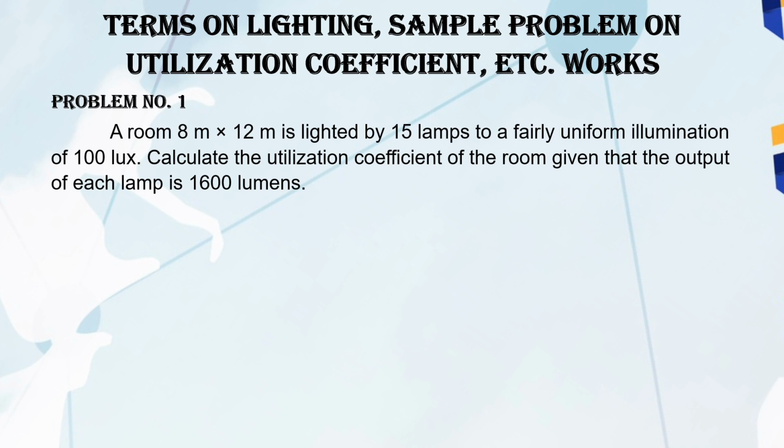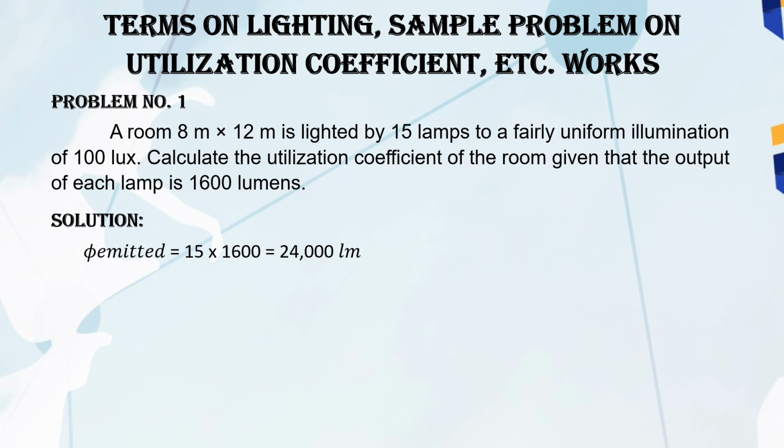Okay, so in order to find the utilization coefficient, we must know first the luminous flux emitted and luminous flux received. So, mag-una ta sa luminous emitted. Mao ni siya ang kahayag nga gipagawas sa light source kung pila ang total.